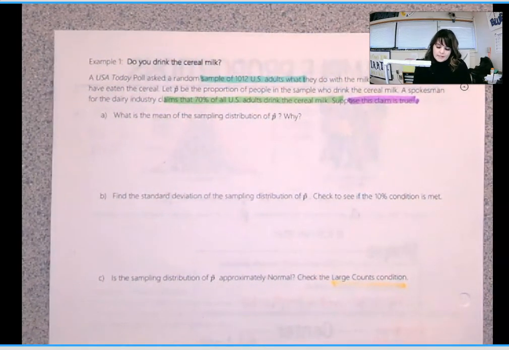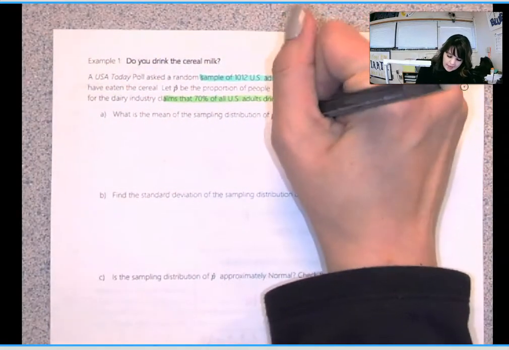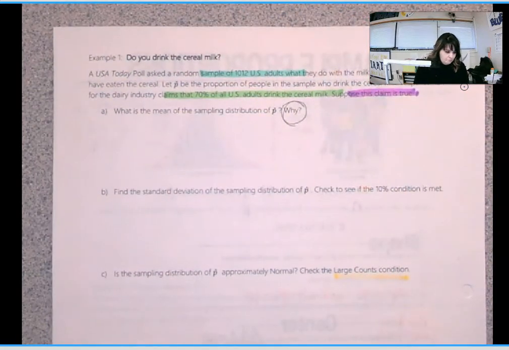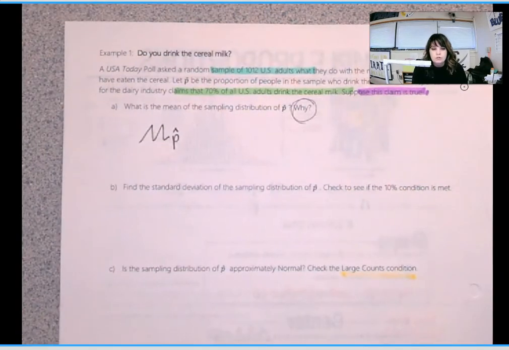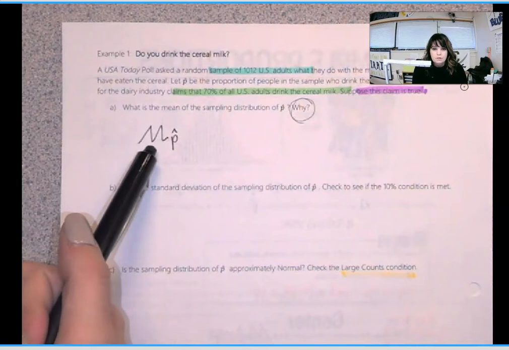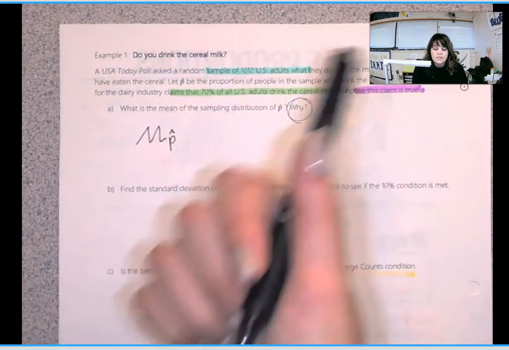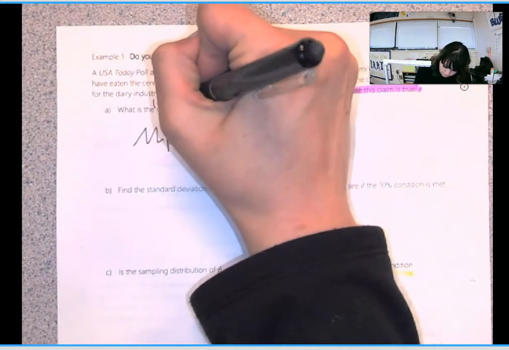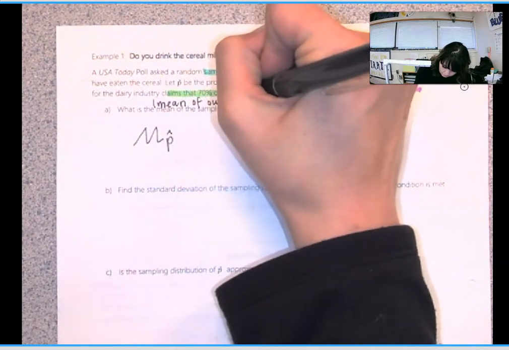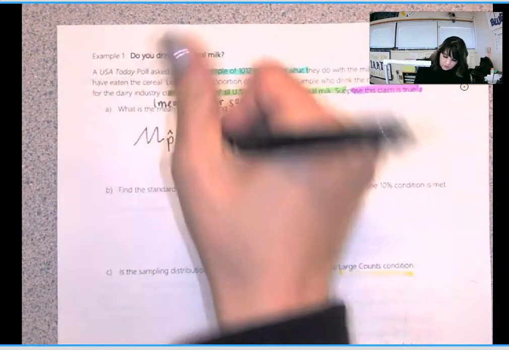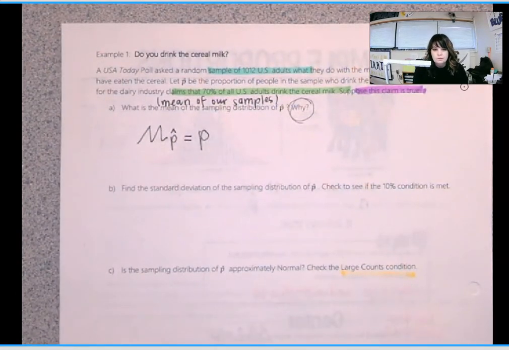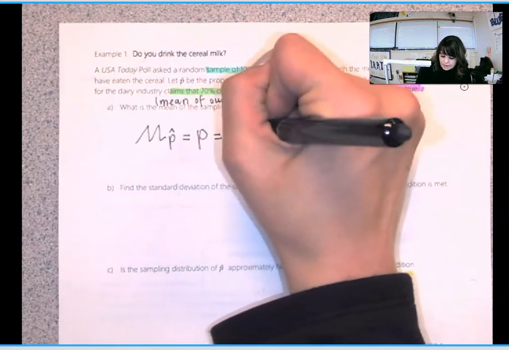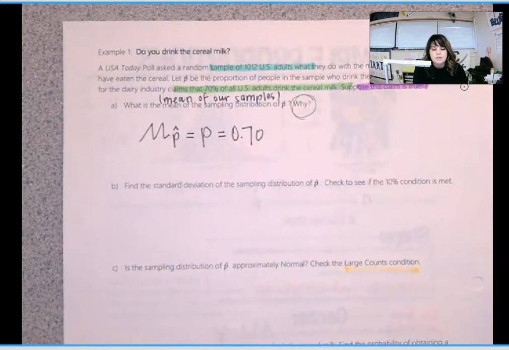First question, what is the mean of the sampling distribution and why? Well, the mean of our sampling distribution, so the mean of our samples, is going to equal the true proportion value. And the prompt tells us that that true proportion is 70%. Why?